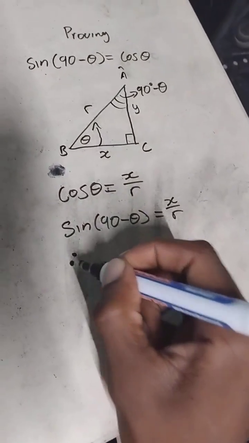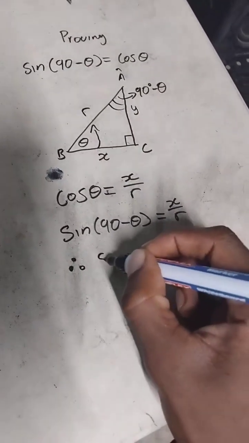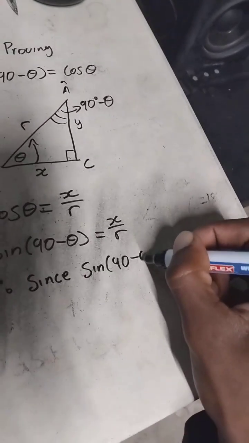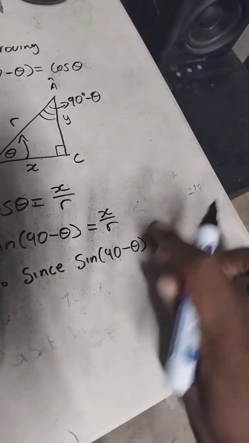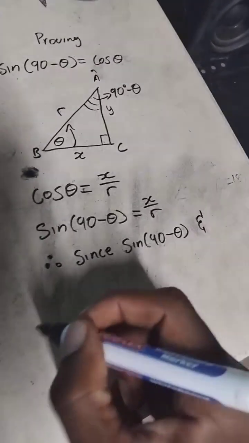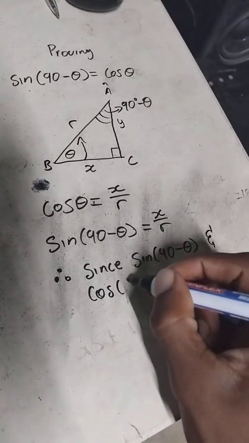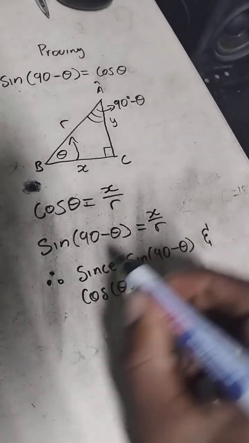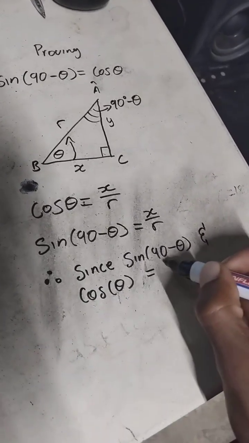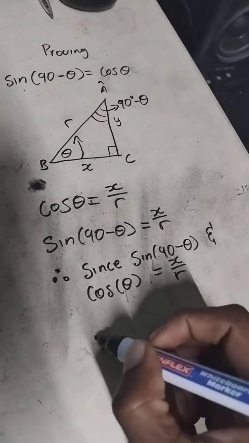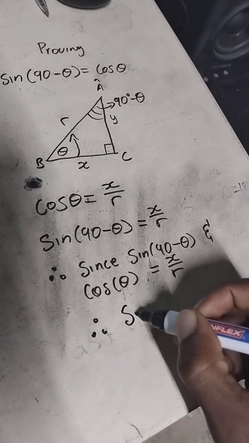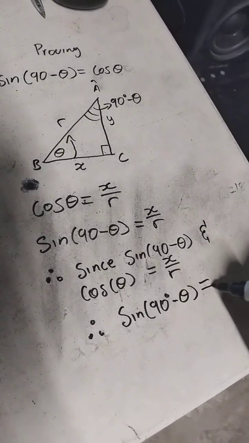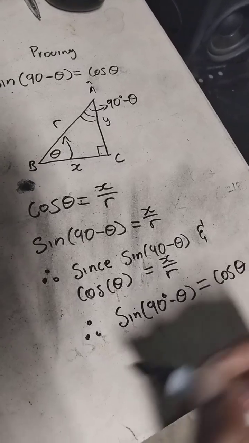So now we can conclude, therefore, since sine 90 minus theta and cos theta both equal x over r, therefore sine 90 degrees minus theta is equal to cos theta.